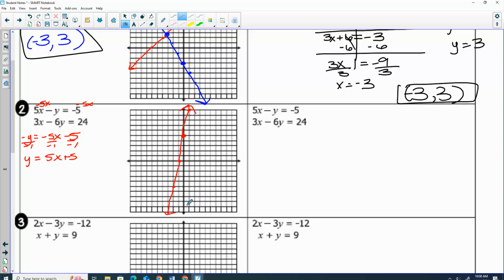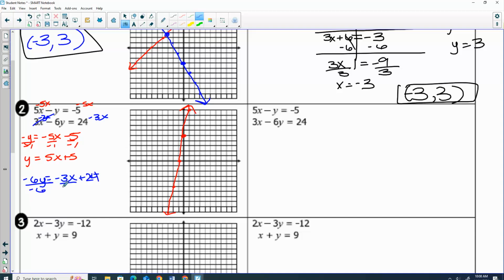All right. Next line. Holden, what do I do first to get that one? Oh, it's a 3x on this one. Okay, so then we have negative 6y equals negative 3x plus 24. Hayden, what do I do next? Divide.